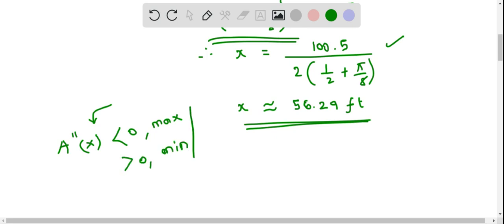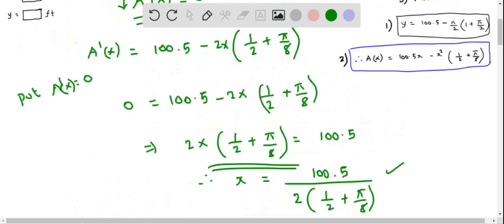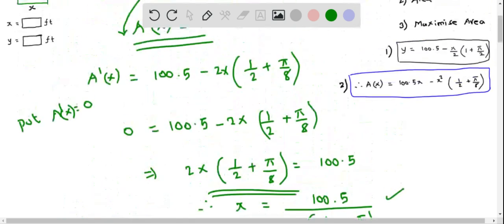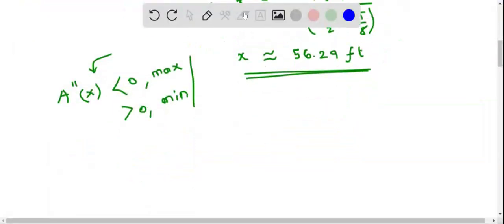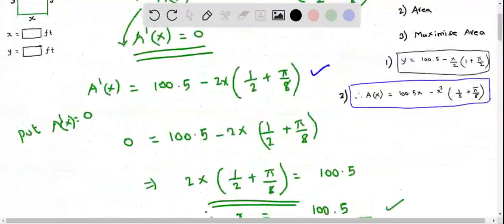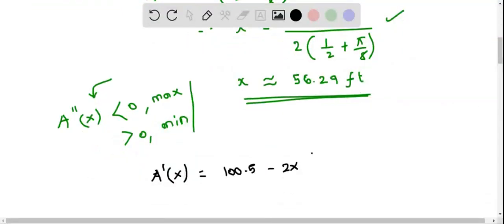We will now check that. I'm going to first find the second derivative of the area function. For this, I'm going to use this expression, that is A prime of x. So let me first copy that. We have A prime of x equals 100.5 minus 2x times 1 by 2 plus pi by 8.